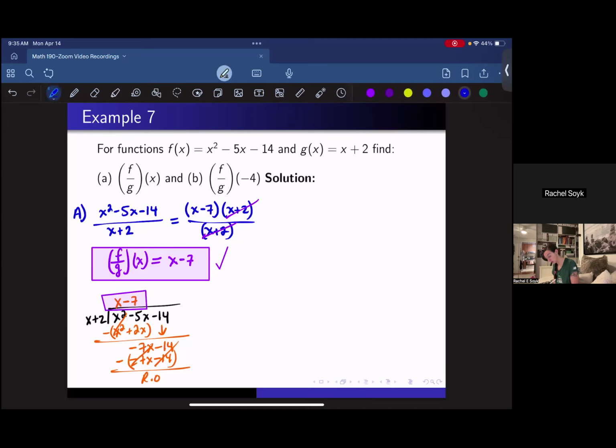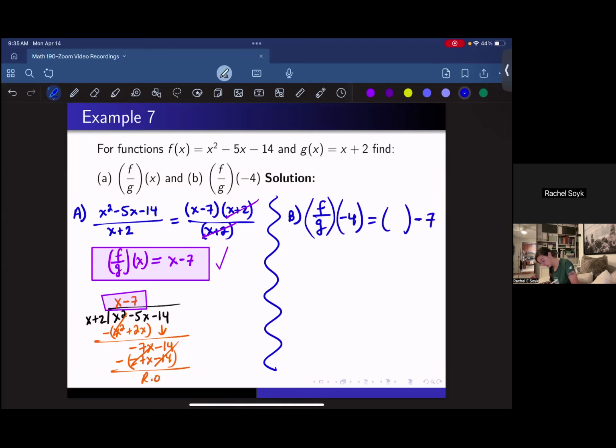Part B, we just want to evaluate this at -4. So if we know that our f divided by g of x is x minus 7, when we evaluate our x when our x equals -4, wherever you see an x, we're going to draw a little parentheses.